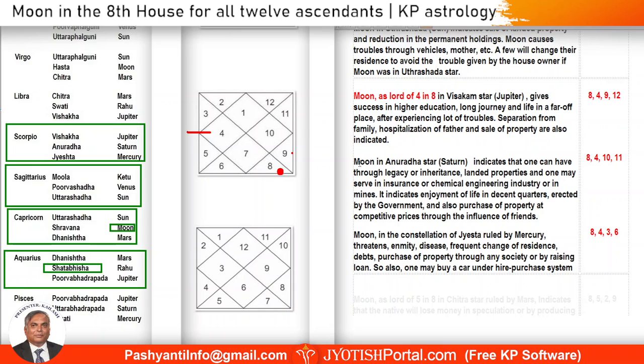Now, moon in the star of Saturn. So when moon is in the star of Saturn, it is going to involve these houses. So you have 8 and 4 and 10 and 11. Now you can see that this is going to be a very positive kind of a grouping, because at the star level, the 10th and the 11th house are indicated.